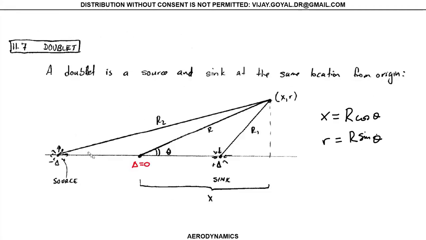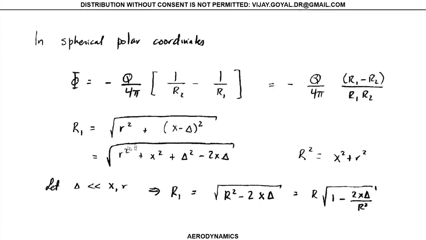Again, if you do the math between x and do all the geometry, you will be able to show that this is what you get. Now, you want your delta to be very, very tiny. It's almost 0. Then you can say your R1 reduces to this, or rewriting this, taking R out, this is equal to this expression.